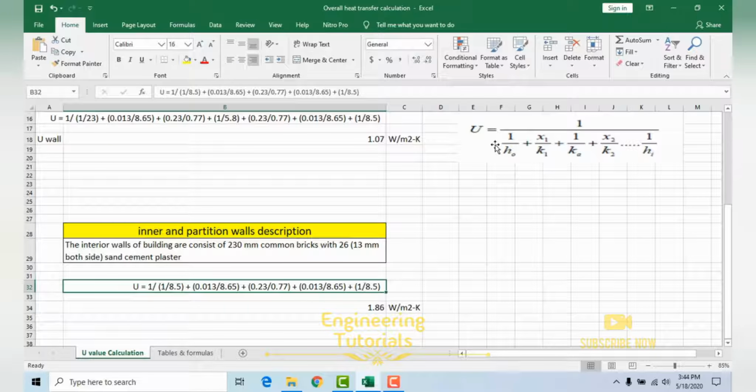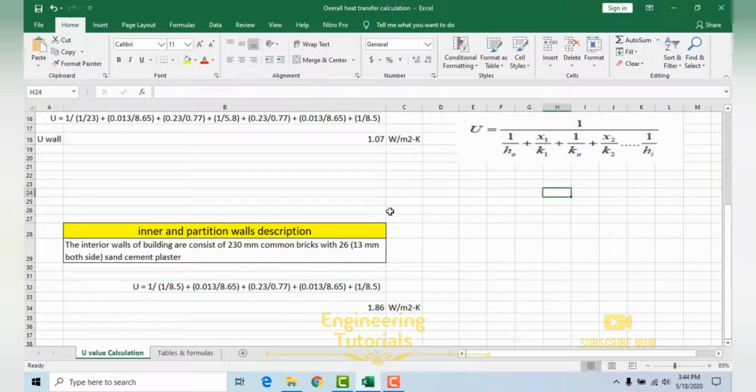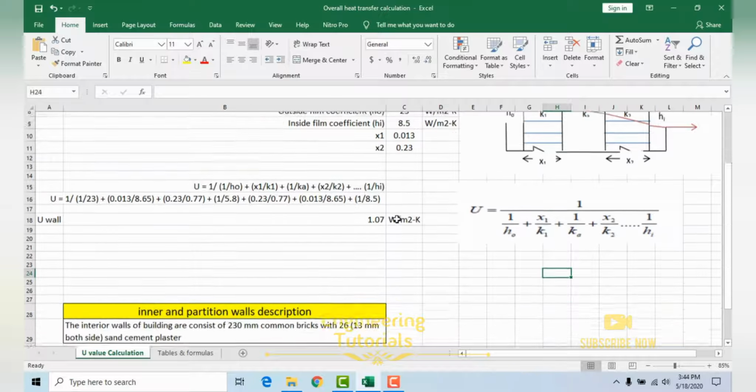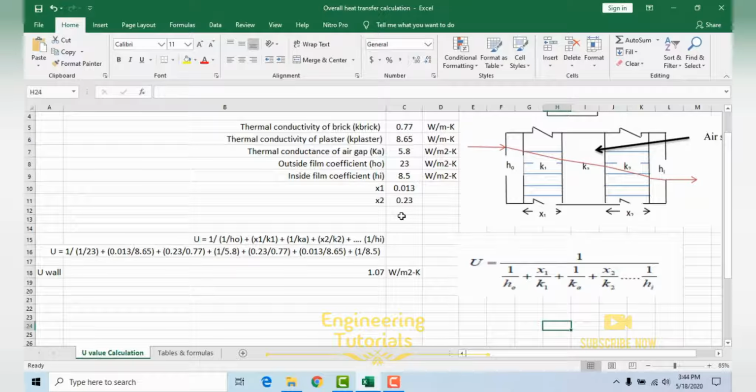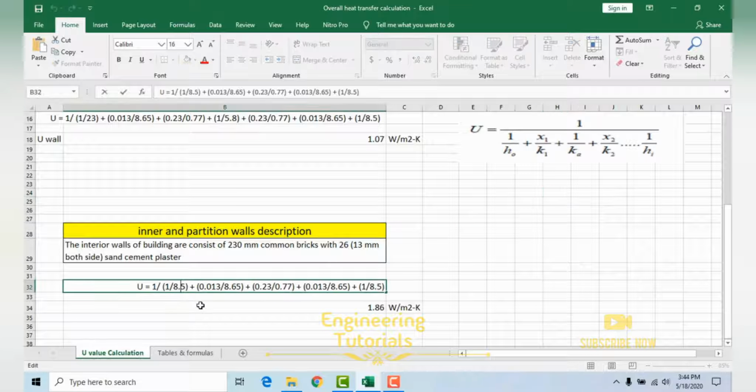So 1 divided by H0, the outside film coefficient. You can see over here the outside film coefficient is 23. Sorry, this is 23.